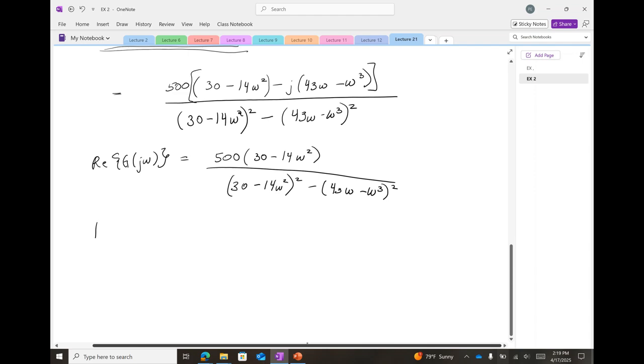And our imaginary part of g of j omega, let me write this clearly, is negative 500 times (43 omega minus omega cubed), all divided by, again, the same denominator.